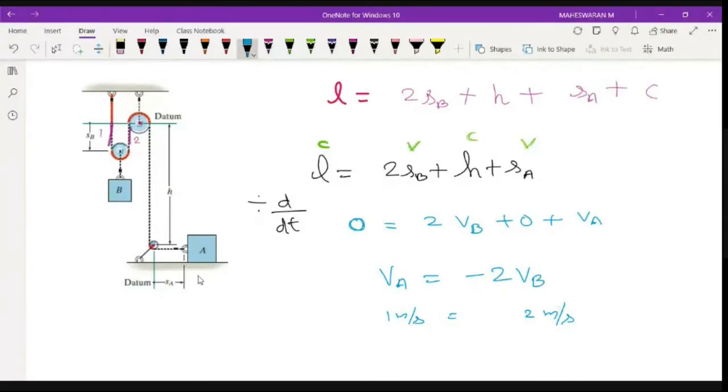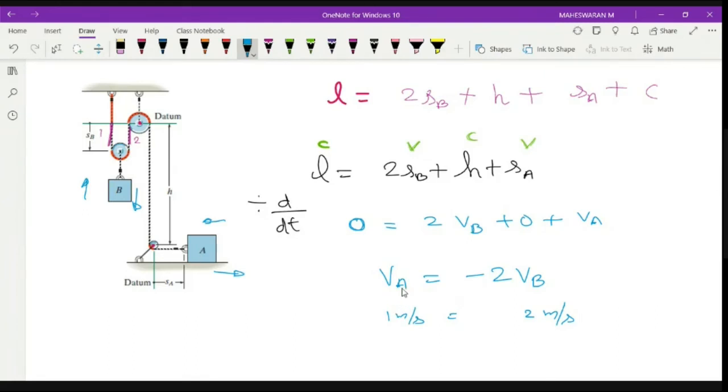Negative indicates opposite direction. For example, if I move this along this direction, this will go up. When I move this downward, this will go along this direction. That's what the negative indicates. But this thing you have to remember.